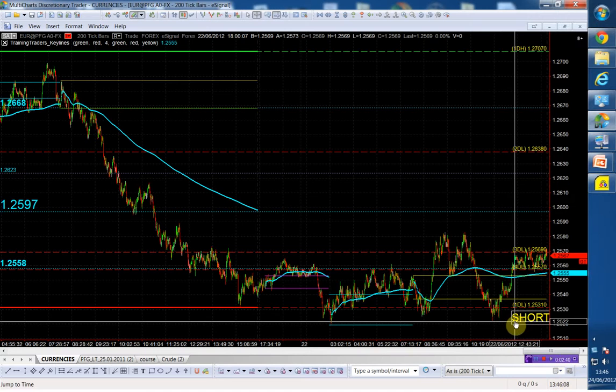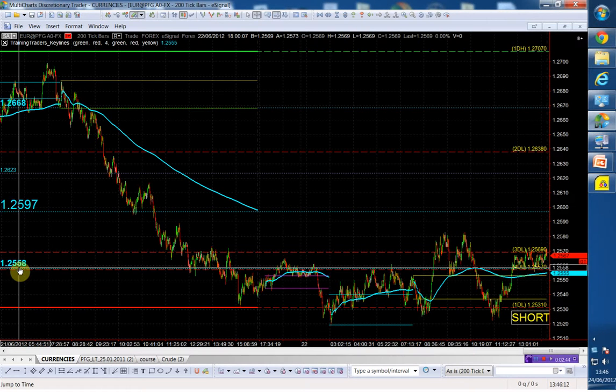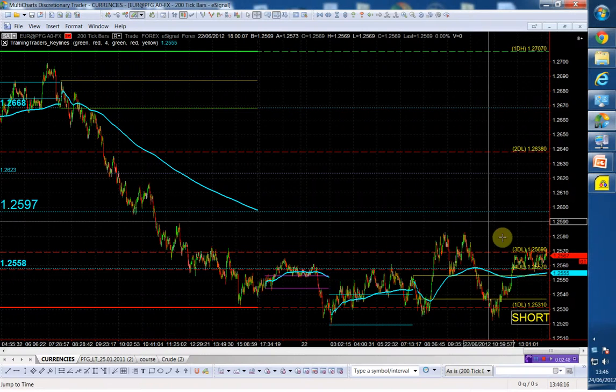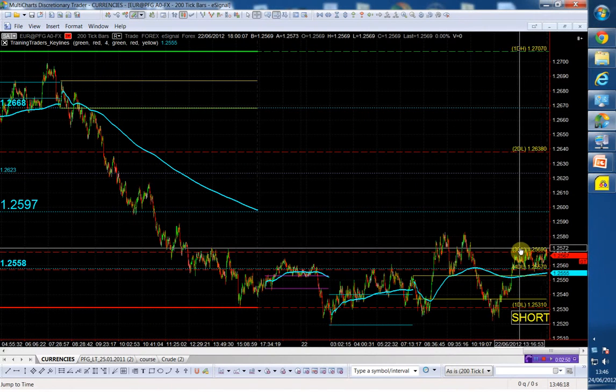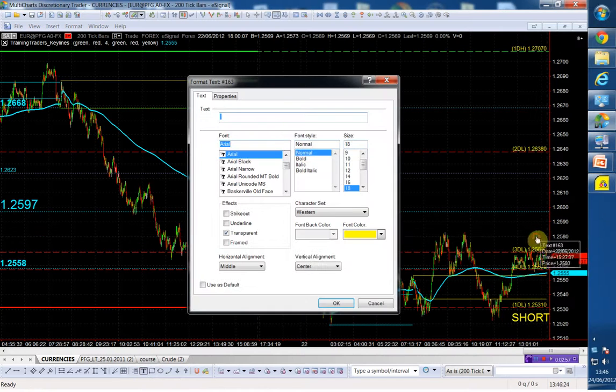If I do sell it at 125.30, I have a structure point of 125.58. The high here is 125.72, so my stop is going to be right there, 125.80.